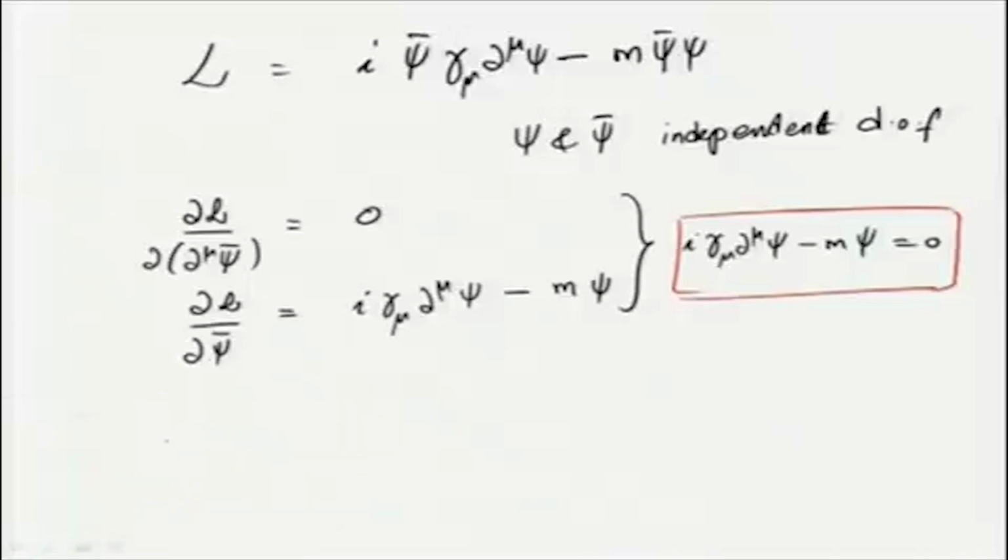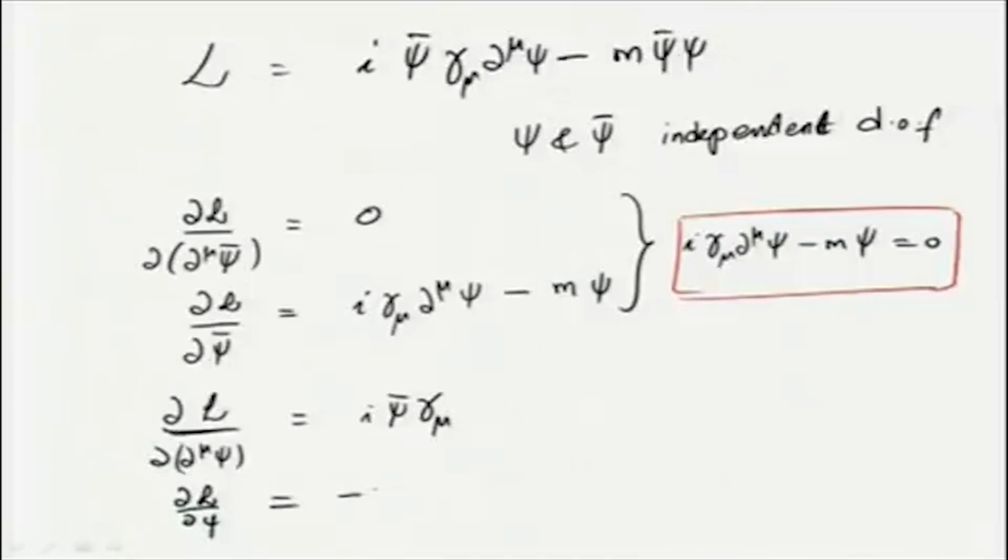What about the other degree of freedom, psi? When we take the derivative with respect to dou mu psi, we have i psi bar gamma mu, and dou L by dou psi is equal to minus m psi bar.